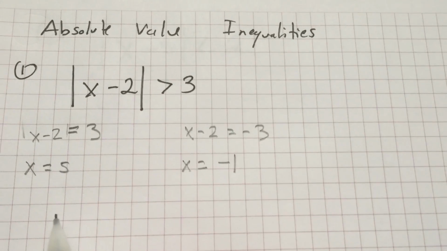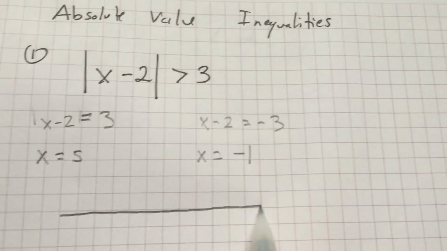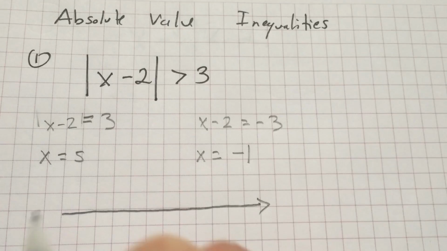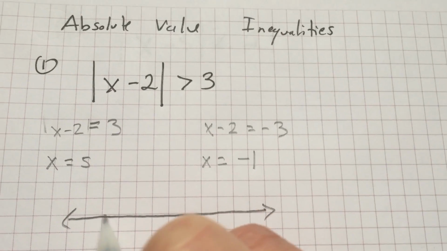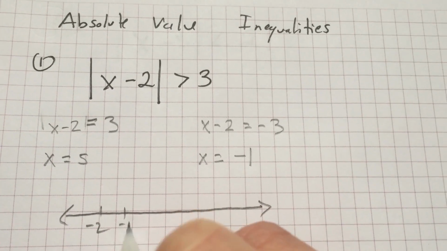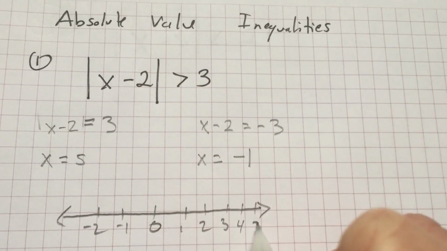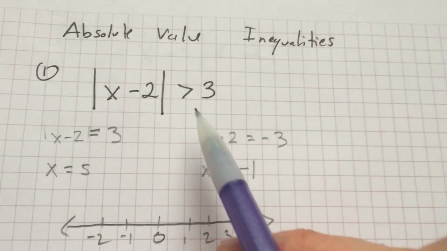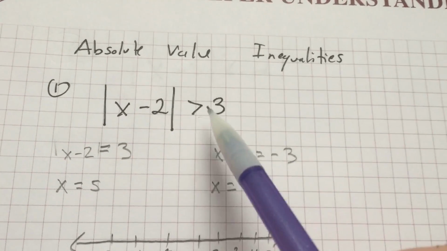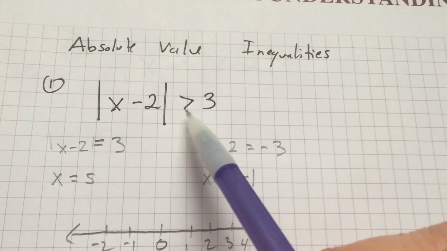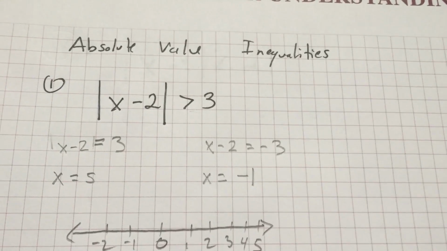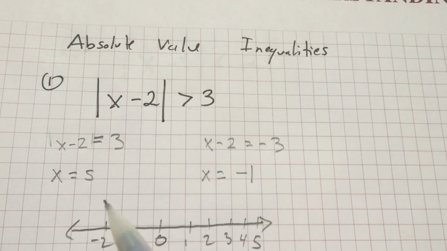So when I draw my number line, quick little number line, draw little arrows. So here's negative 2, negative 1, 0, 1, 2, 3, 4, 5. Okay, now I want you to go back and think about this. We have a greater than symbol. Notice that there's no line underneath, which means that these answers are not actually included.